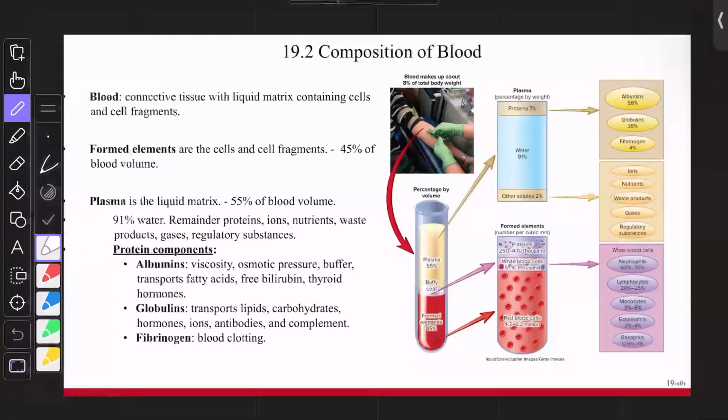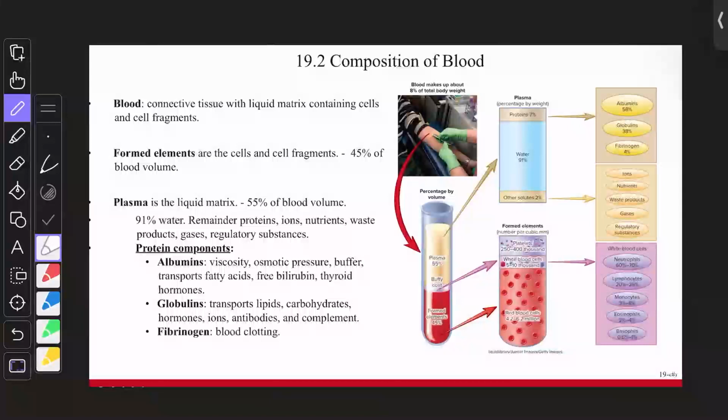All right. So when we talk about the composition of the blood, a common question I get is, do I need to know the percentages? No. You do not need to know the percentages. You need to know the relationships. So which one is highest, which one is lowest, right? I'm not going to ask you for the exact percentage of water in the plasma, but I might ask you which compound makes up the vast majority of the plasma.